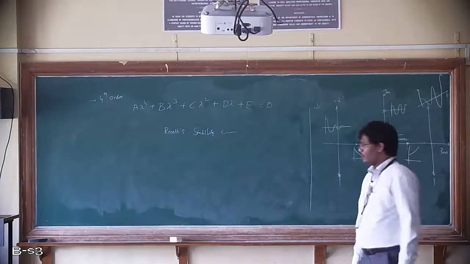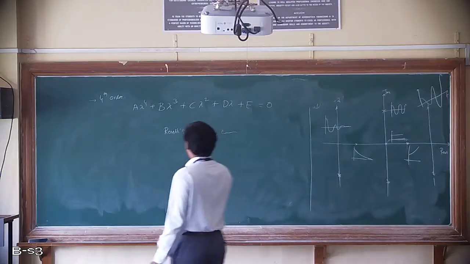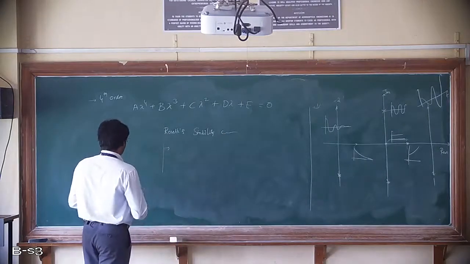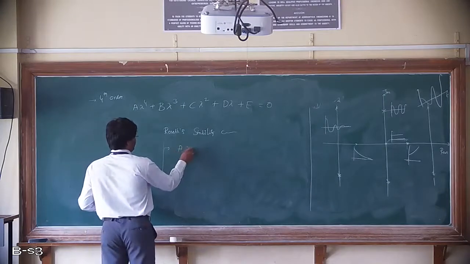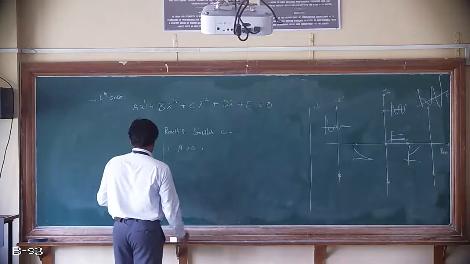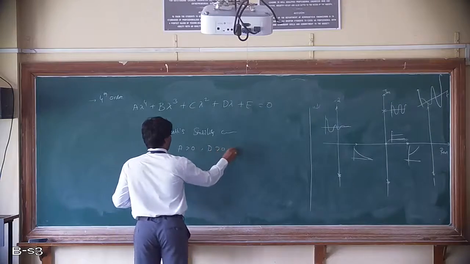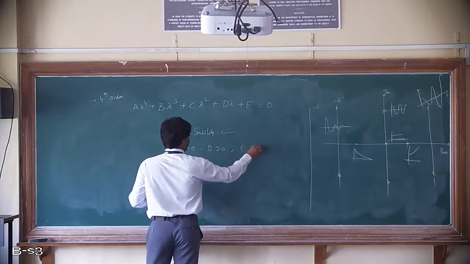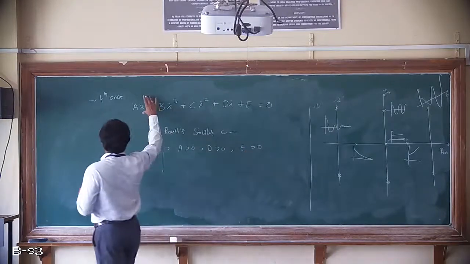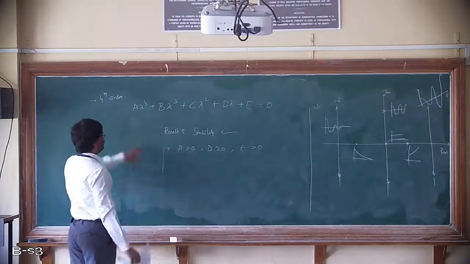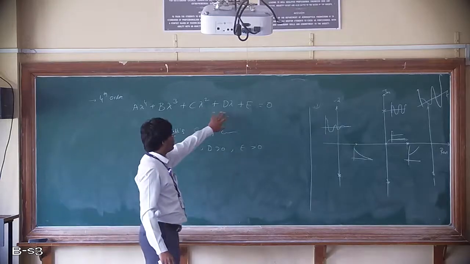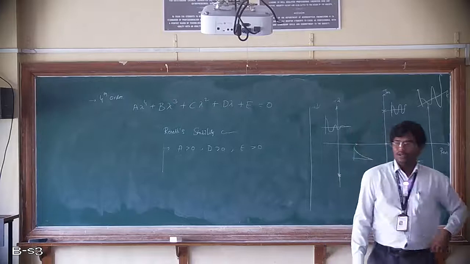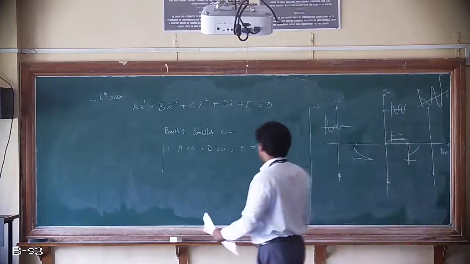Simply by following notations, you can say whether this system is stable or not. First, the condition is A should be greater than 0, and D and E. So the fourth order term coefficient, the first order coefficient and the constant should always be greater than 0. That means those are positive real numbers, right?